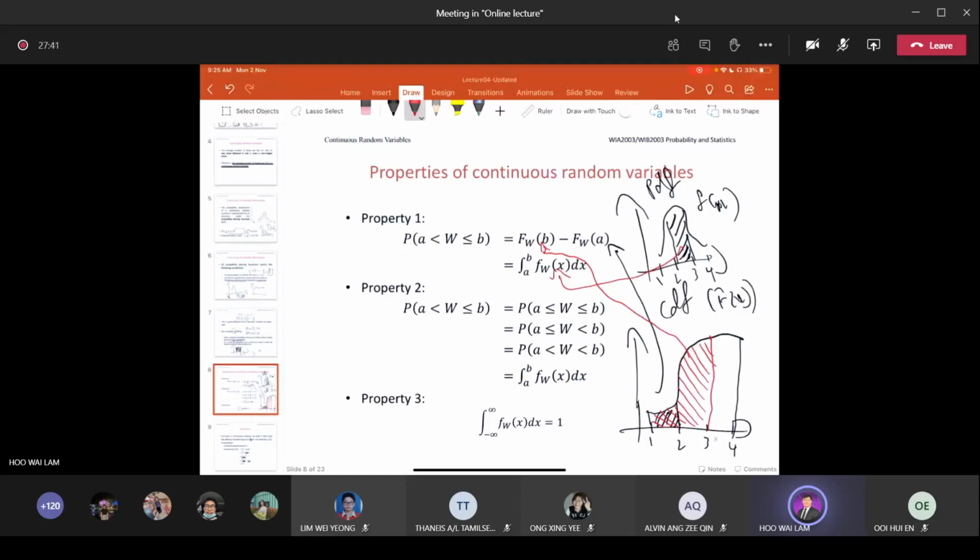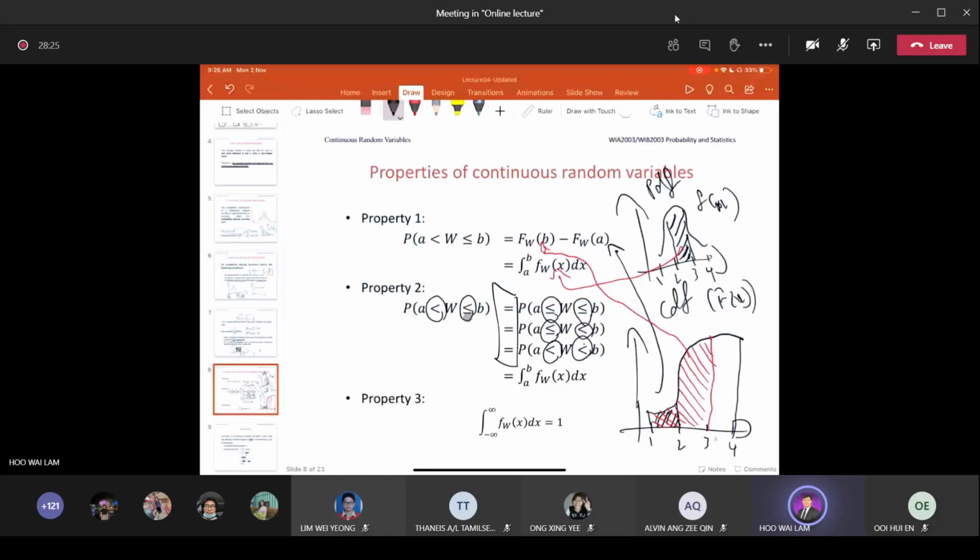Then probability 2. You have A smaller than W, smaller or equal to B. You notice that, of course, the end product is the same, so it's still integration. But you notice that this one has an equal sign, this one has no equal sign, and all these are the same. It's trying to tell you that having the equal sign or not, for a continuous random variable, doesn't give you any different outcome when you're doing integration, because of the nature of this.